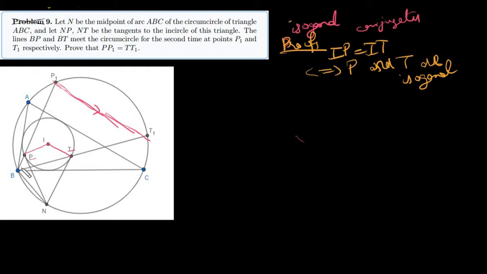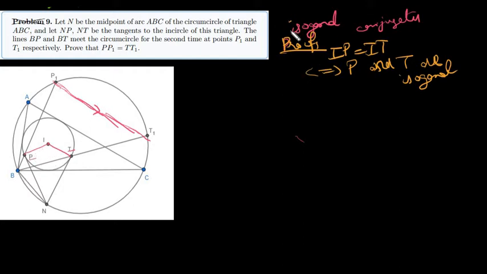For example, if I have the line BP, then what this means is that the line BP is a reflection in the angle bisector of the line BT, meaning that this angle is equal to this angle. And the reason this makes sense is because if IP is equal to IT, this means that P and T are symmetric. They have the same angle here.